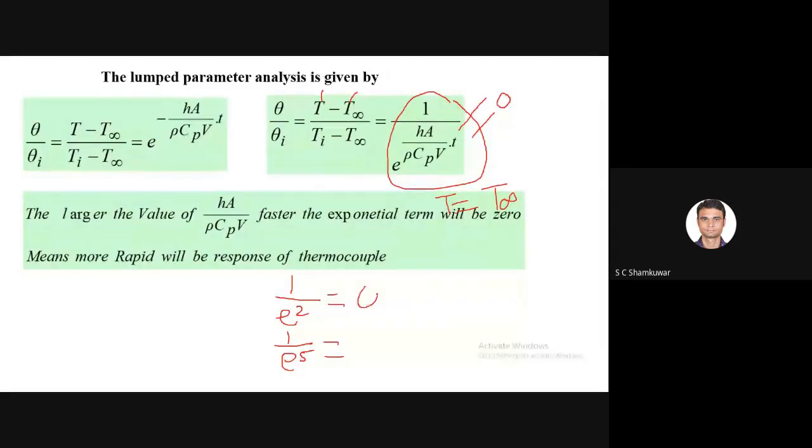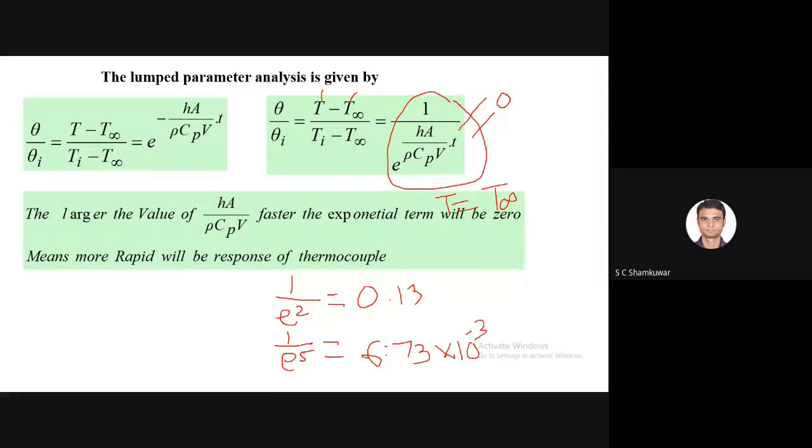This is 0.13, isn't it? And this is 6.73 into 10 to the power minus 3.